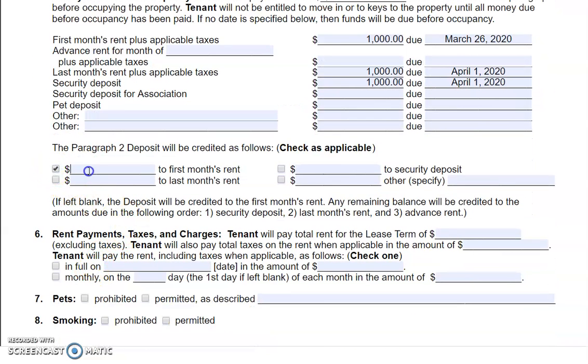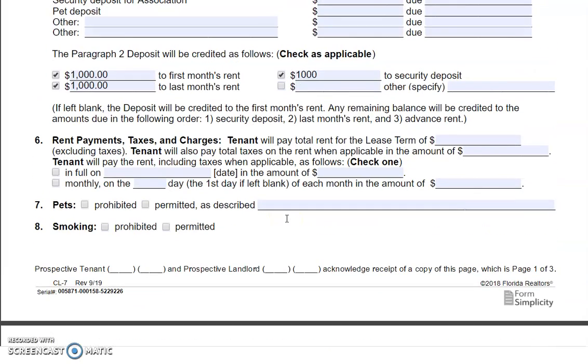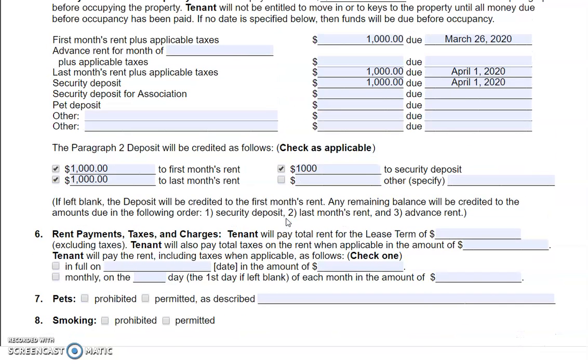Here I'm going to write the same thing. Then I will pay total rent.